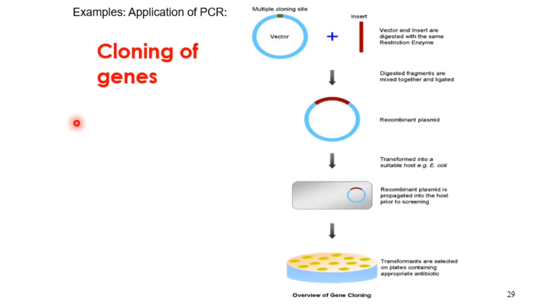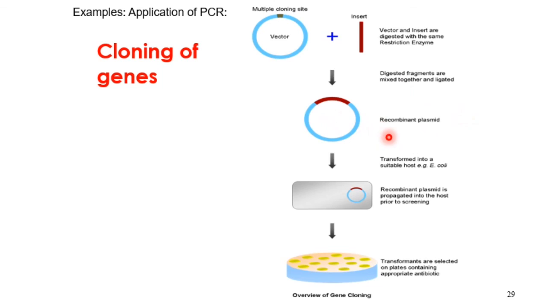Another important application of PCR is cloning of the gene. In this process you have the vector and the insert. The vector and the insert are digested together with the restriction enzyme. The digested fragments will be mixed together and ligated.